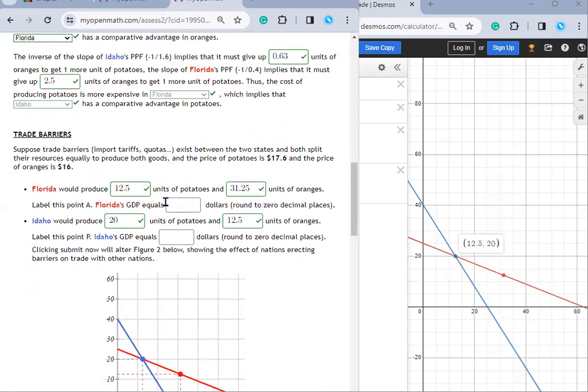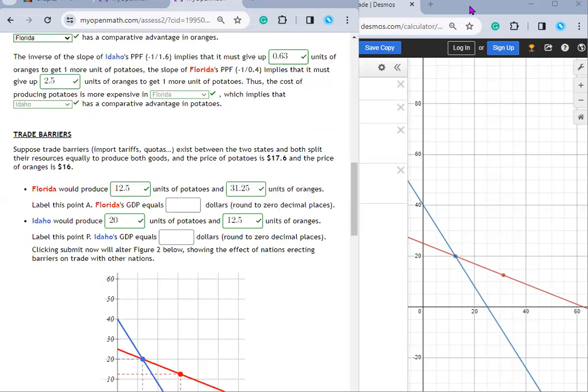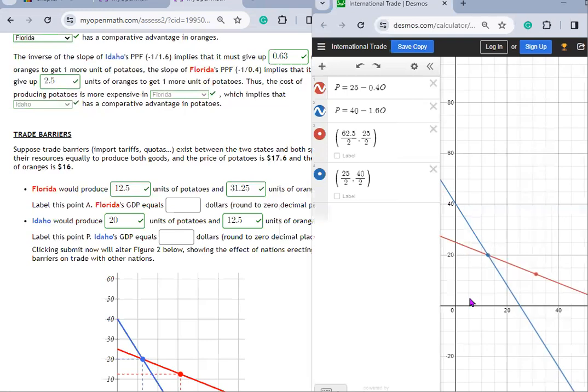Now we got to value that output, right? So to value the output, we're going to use the prices here. Okay, so the price of potatoes is 17.6, and the price of oranges is 16. Idaho is producing 20 potatoes, and it's producing 12.5 oranges.